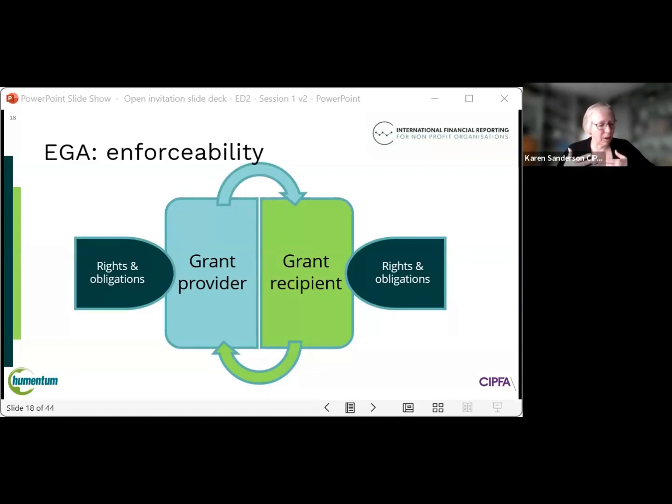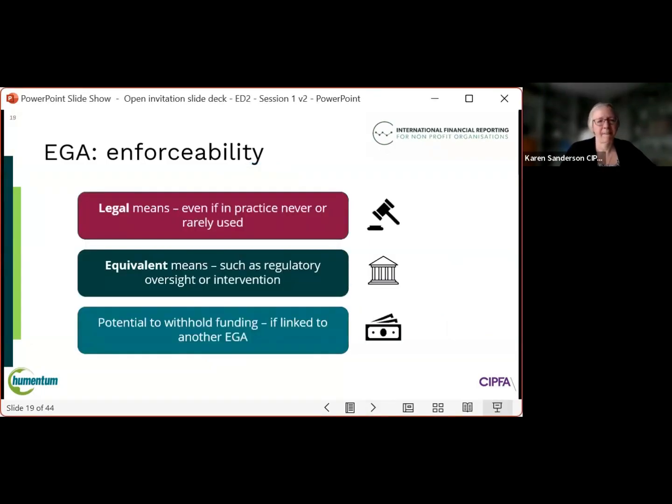So those are really important, as is the fact that there are remedies available if either party does not meet its obligations in the arrangement. But can move on to the next slide, please.